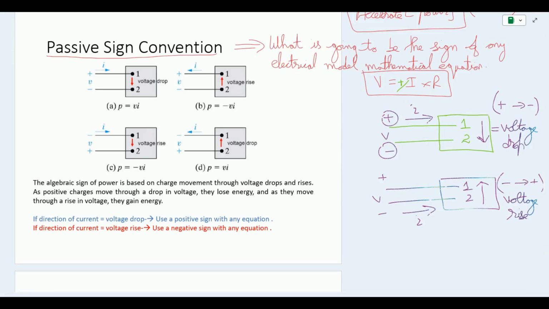Now coming to passive sign convention, to figure out whether any equation is going to have a plus or a negative sign.